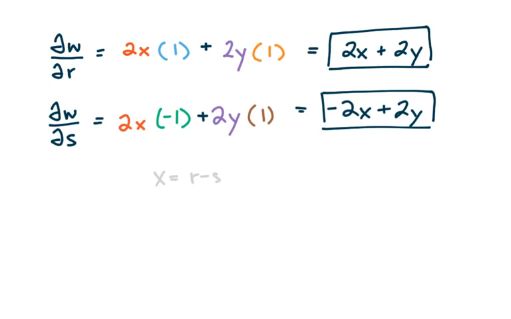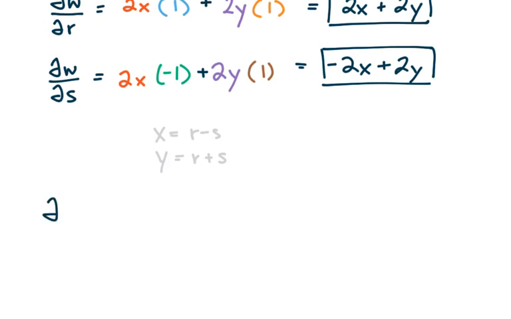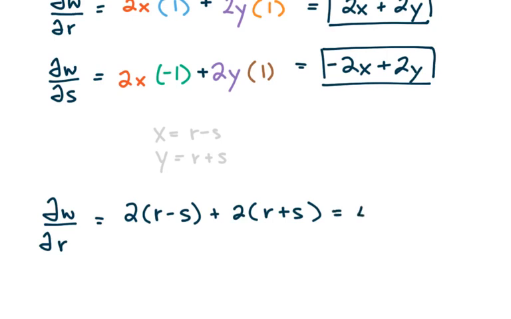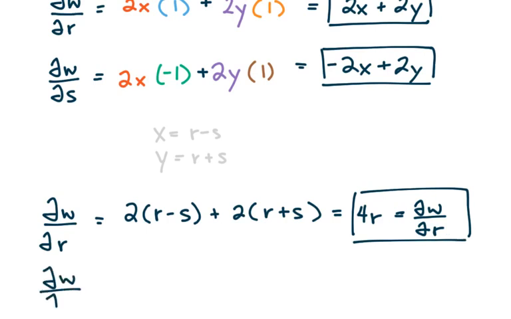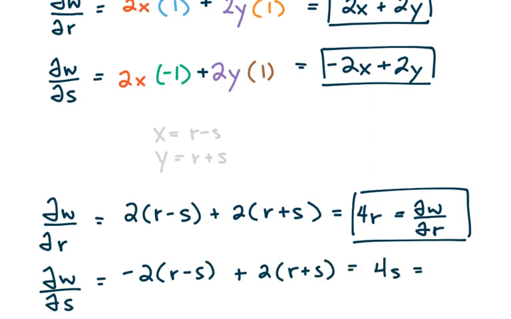So partial of W with respect to R is 2 times R minus S plus 2 times R plus S, which simplifies to 4R. So that is my partial of W with respect to R. And my partial of W with respect to S is negative 2 times R minus S plus 2 times R plus S. Simplifying that, I get 4S.